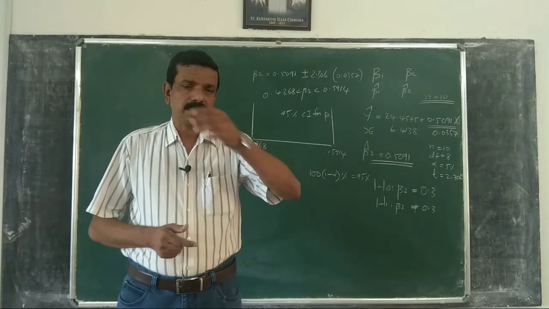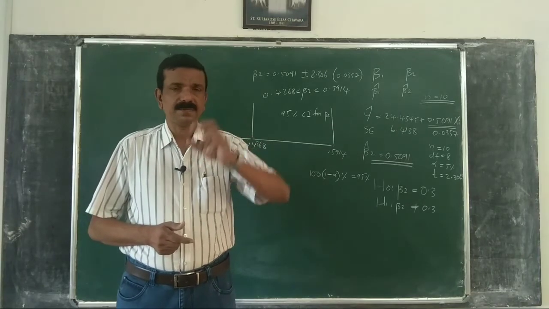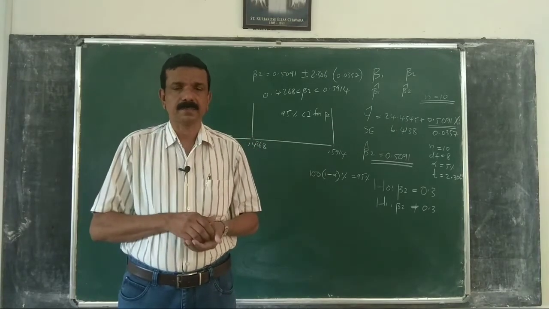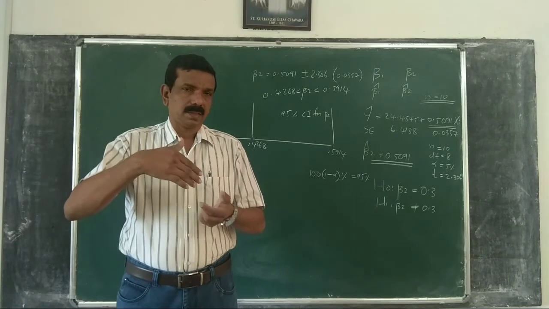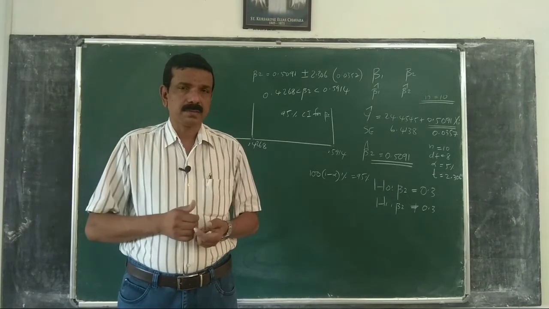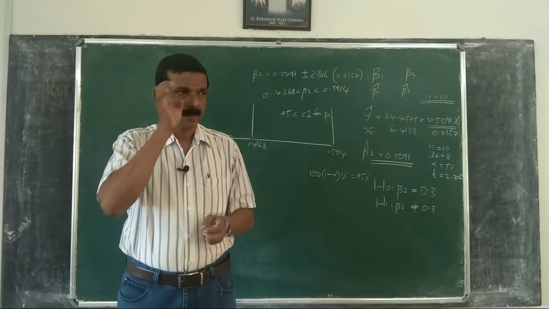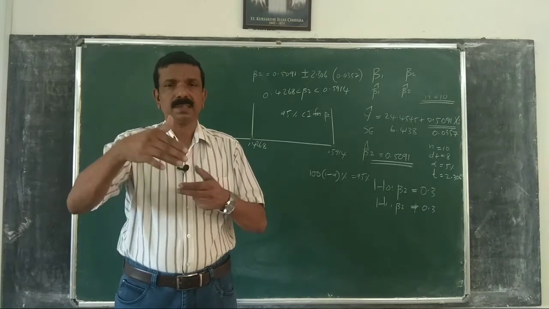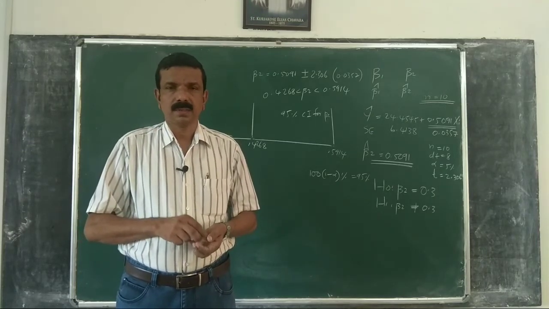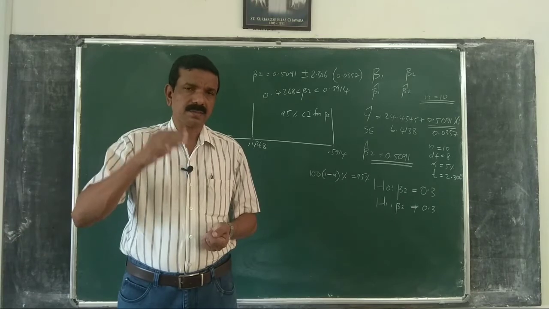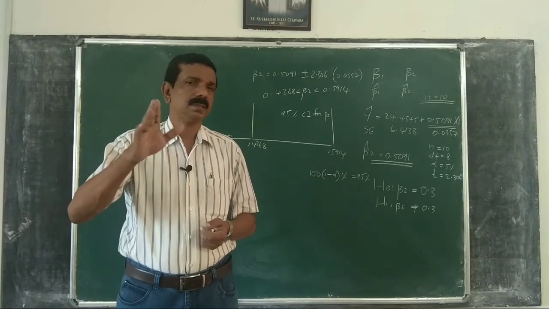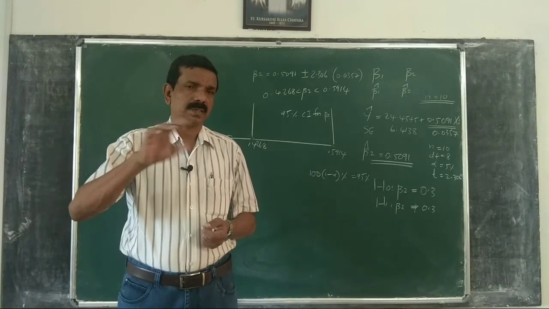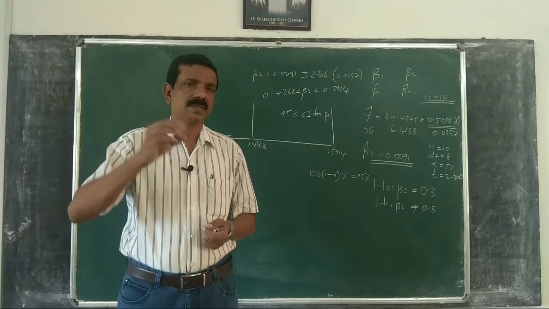As I told you earlier, in the case of a court procedure, the evidence collected by the police is used to verify whether a person has committed the crime or not. If the court accepts H0, it means the person is innocent, that is, the evidence is not significant.